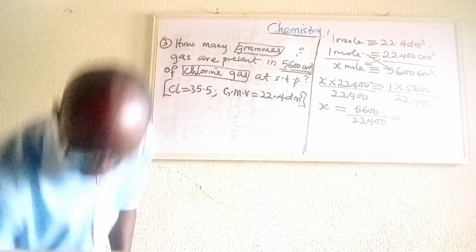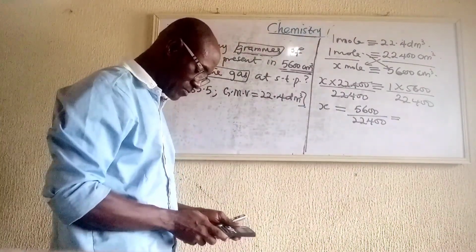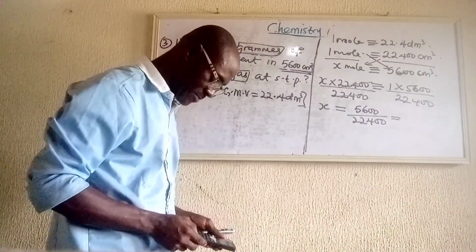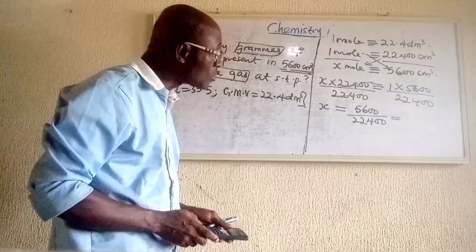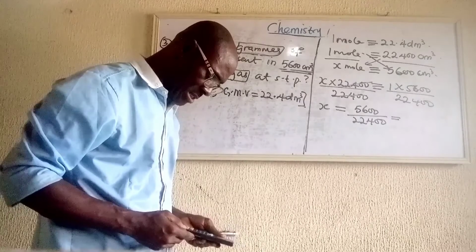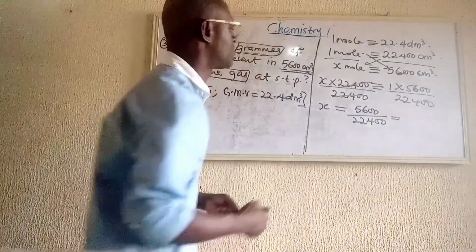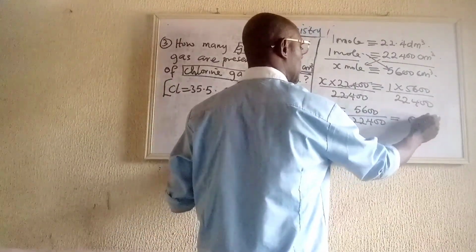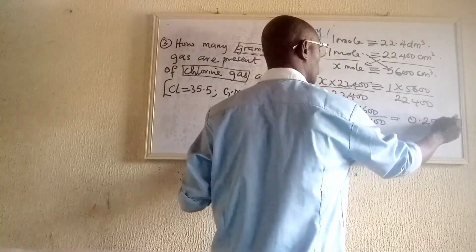Let's have a look at that. 5,600 divided by 22,400. That's 0.25 mole.